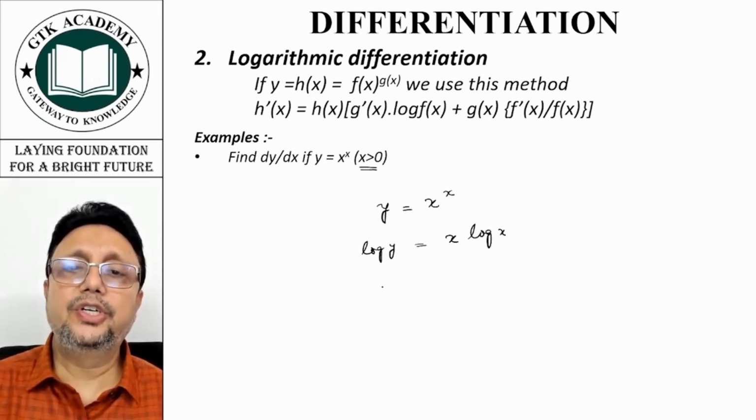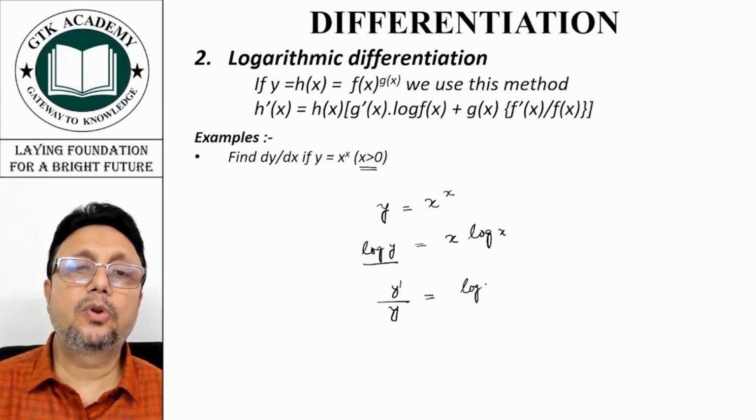Now, differentiate. Since this is a composite function, applying chain rule, 1 upon y into y dash is equal to derivative of x is 1. So, it becomes log x plus x upon x. For log x, it is 1 upon x, which is 1 plus log x.